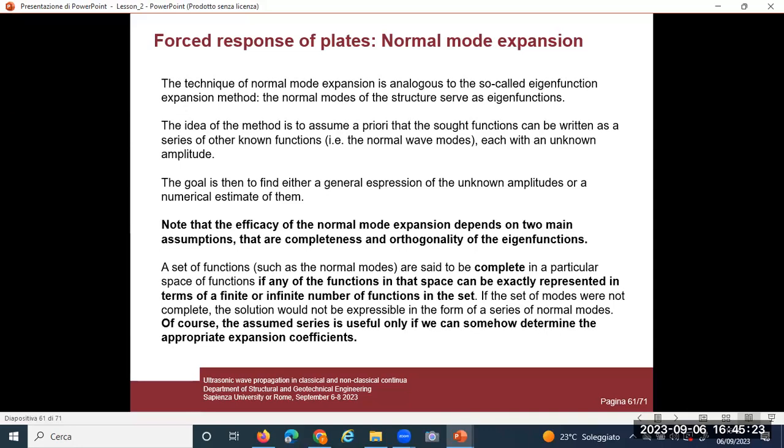Now, the case is slightly different because wave modes are orthogonal. And moreover, the normal modes are orthogonal and complete, which means that whatever function can be exactly represented in terms of a finite or infinite number of functions that belong to the set of wave modes.